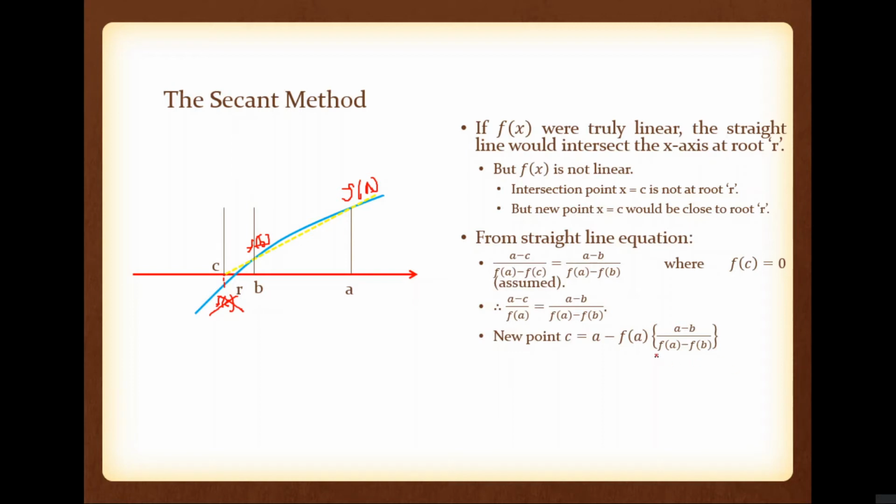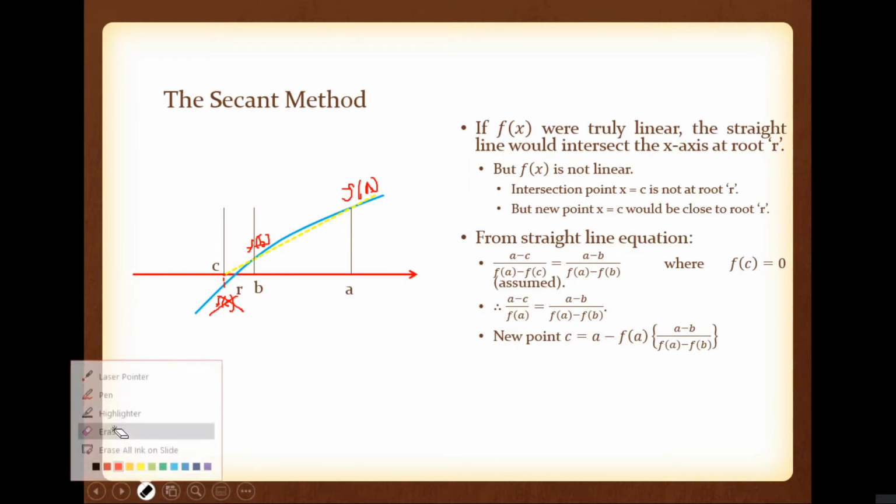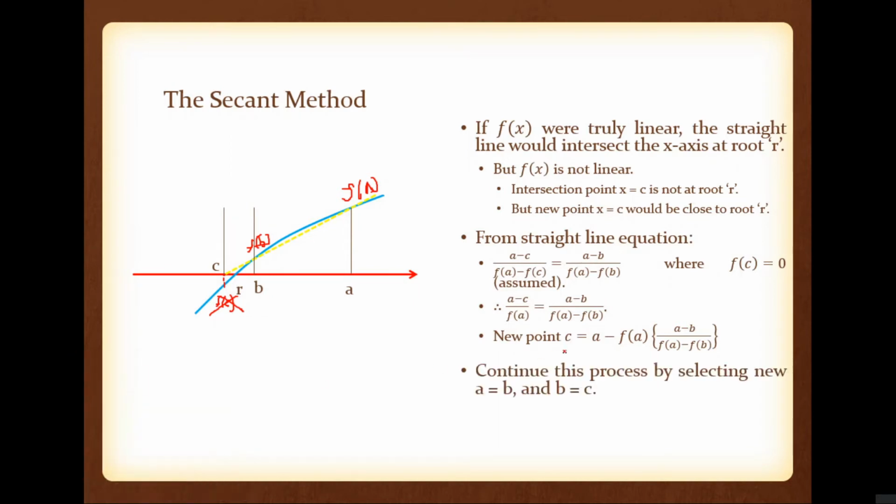Can anyone say what is this one? You can see that is the reciprocal of slope. Okay. So f of a minus f of b divided by a minus b is actually the reciprocal of slope of that straight line, that yellow color. Okay, very good. Anyway, c is equal to a minus f of a into a minus b divided by f of a minus f of b.